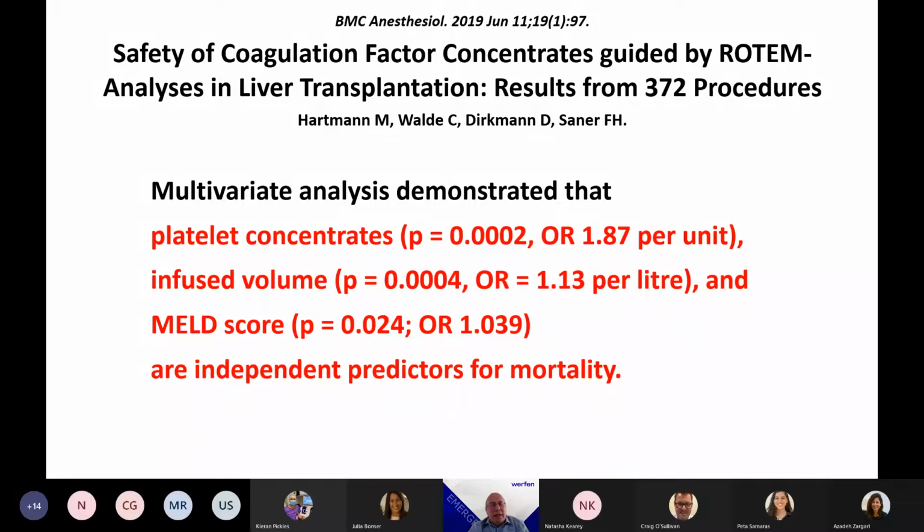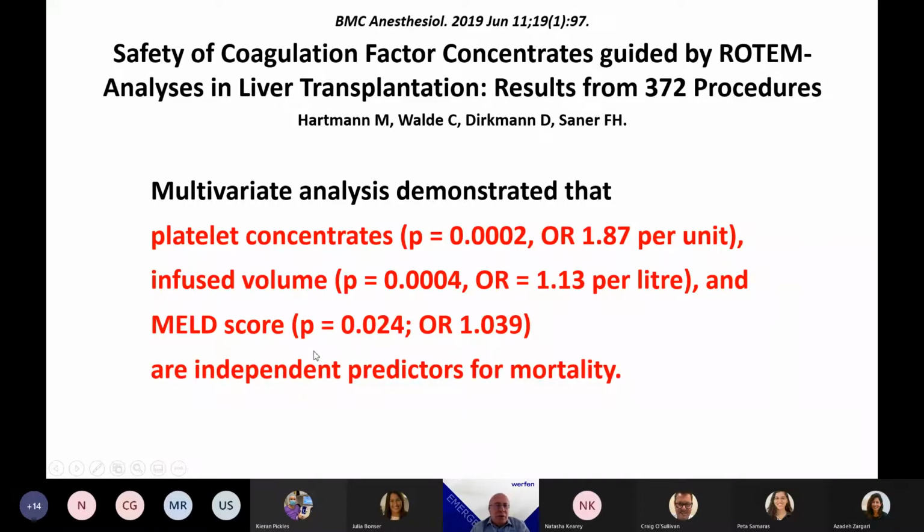And you see that what we mainly use, the MELD score, yes, there's some prediction, but here we are talking about 3.9%. So let's say 4% increase. So what is more or less in the focus has the lowest impact on mortality compared to infused volume or even giving platelet transfusion.